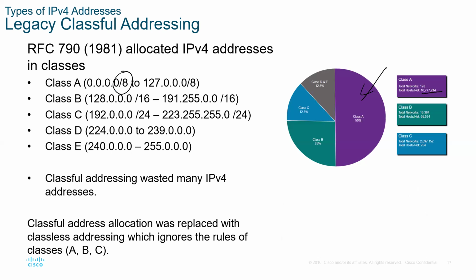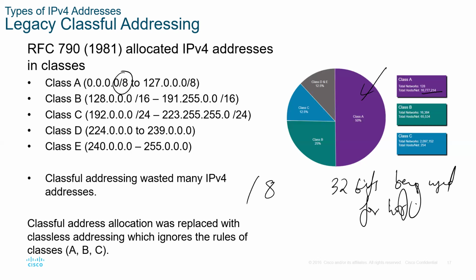Therefore, I have 24 bits left for the host portion, to make a total of 32. Let me see, 2 to the power of 32... no, I'm definitely wrong, because we don't have all 32 bits, it's 24 here. Let me calculate 2 to the power of 24.